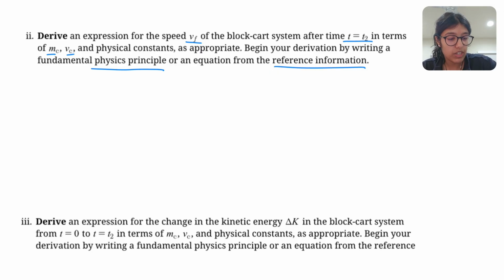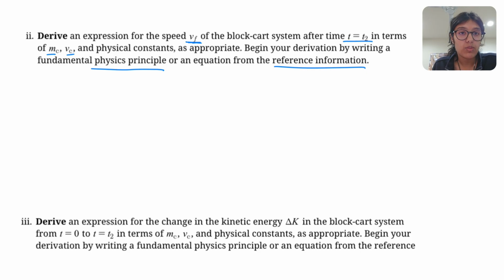So reference information, that means like the reference sheet, and then fundamental physics principle, we know that has to be something with momentum because we know this whole question is going to be about momentum. So it's asking for final velocity of the block after time is equal to t2. So let's just write whatever we know about momentum first.